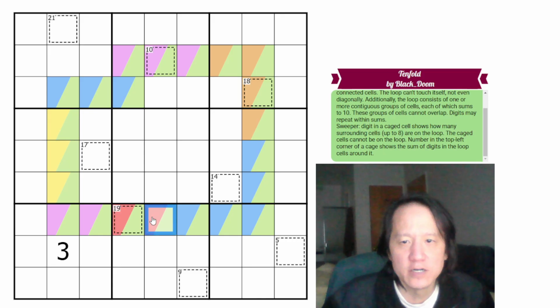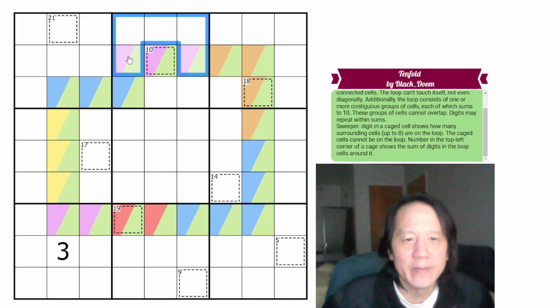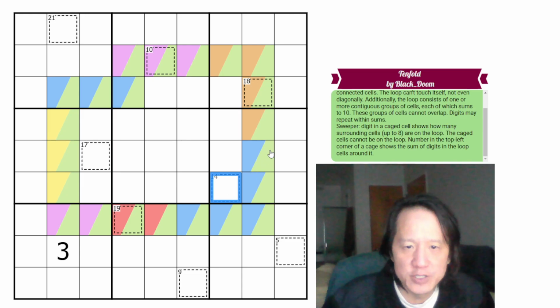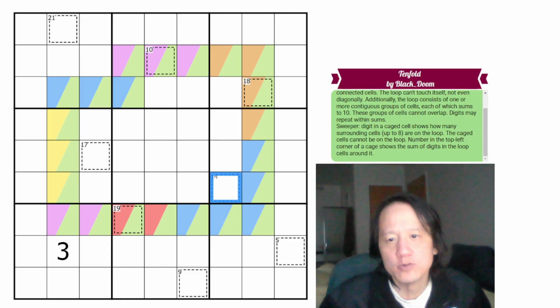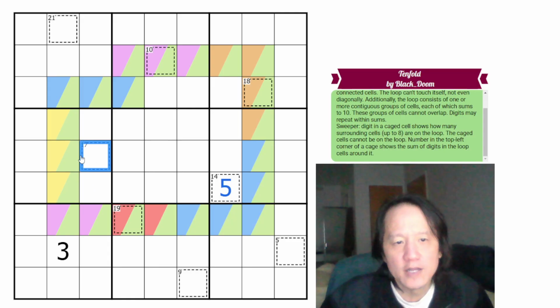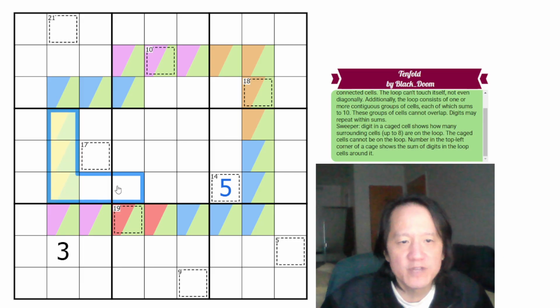So the cage cells are never on the loop, and they say how many cells surrounding them are on the loop. So, for example, here this would be 5 because 5 of the 8 surrounding cells are on the loop, and this would be a 3 because 3 of the surrounding 8 cells are on the loop.